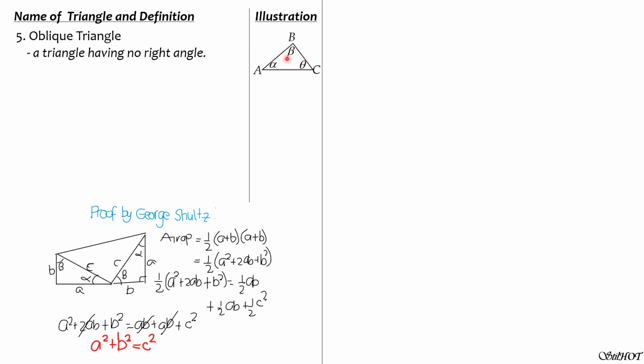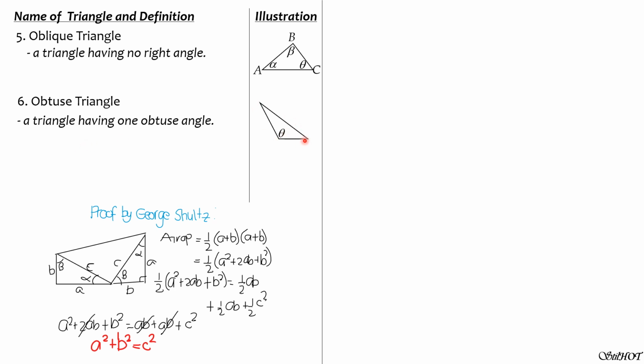Angles are different and there's no right angle. Next, obtuse triangle. A triangle having one obtuse angle, of course. In any triangle, there should only be one obtuse angle. So that's obtuse, an angle which is greater than 90.